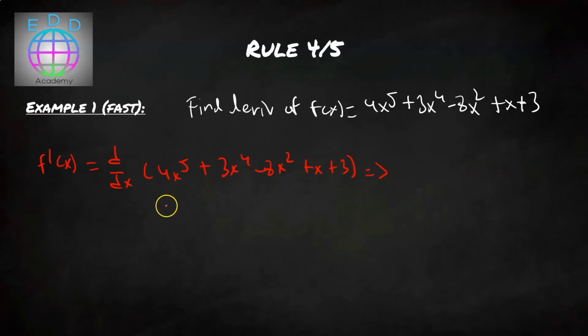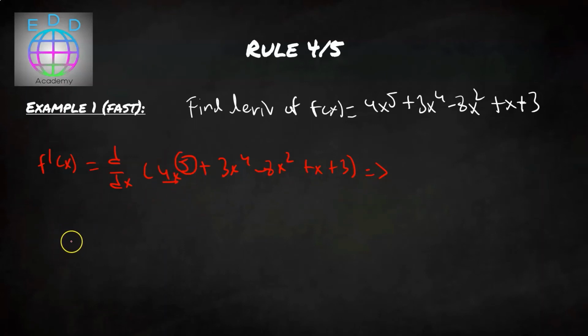So it just saves a lot of writing if we don't take the 4 out of the derivative and multiply by x to the 5th and then add the 3, the coefficient, times the derivative of x to the 4th. You can also just multiply this exponent by the coefficient for each one of these terms.